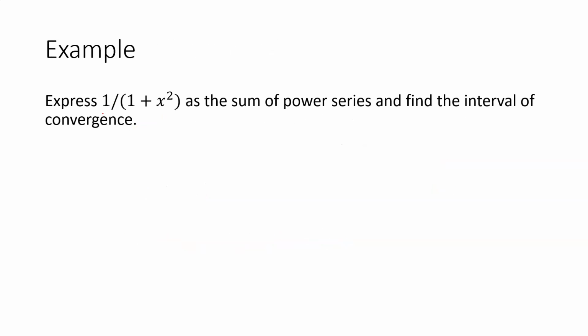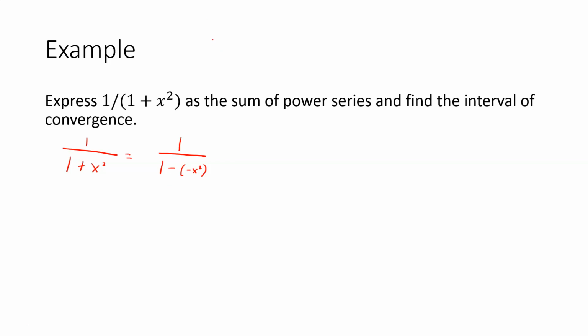But let's take a simple example. Let's express the function 1 over 1 plus x squared as the sum of a power series and find the interval of convergence. So in this case, looking at the function 1 over 1 plus x squared, we can relate this to the function 1 over 1 minus x by replacing x with negative x squared.